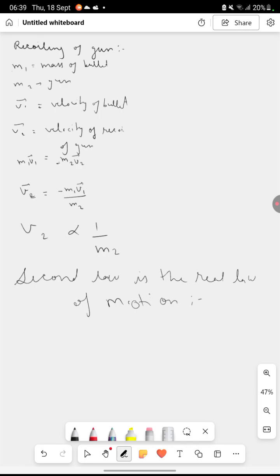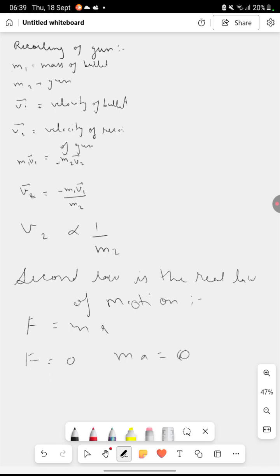So let's consider, we know F is equal to ma. We have taken F is equal to 0, meaning no external force is exerted on it. Then ma is equal to 0. And we know if a body is in existence, it can't be massless.